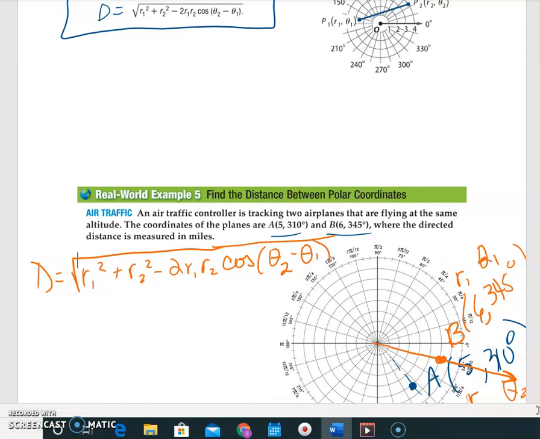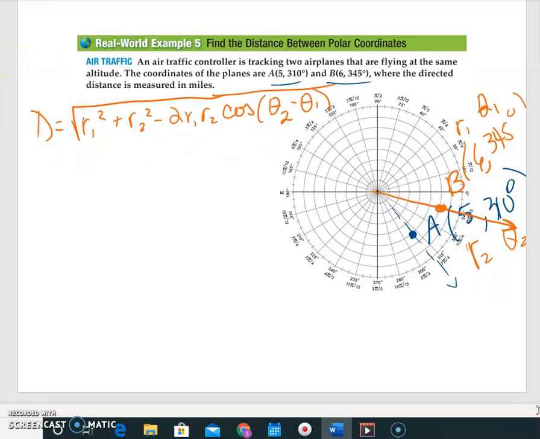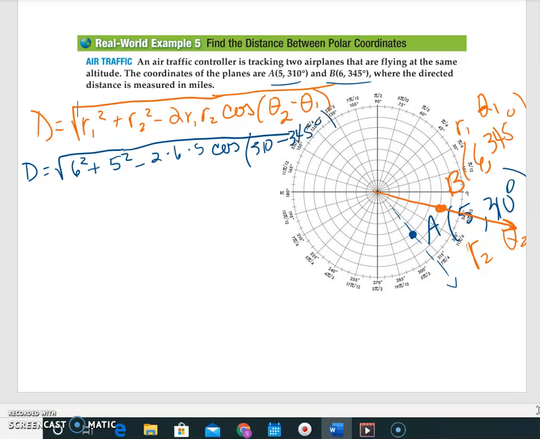All right, so we just fill it in. And I would definitely have a calculator out to work this out. For the distance between the points, I've got r sub 1 is 6, so 6 squared plus 5 squared minus 2 times 6 times 5 times the cosine of theta sub 2, which is 310, minus 345, which is theta sub 1.